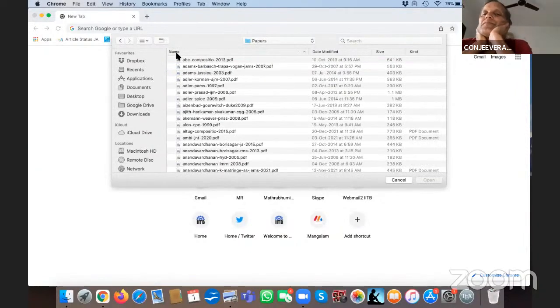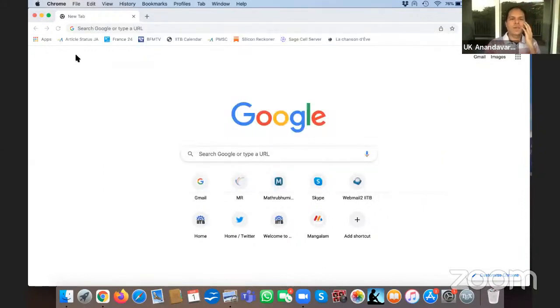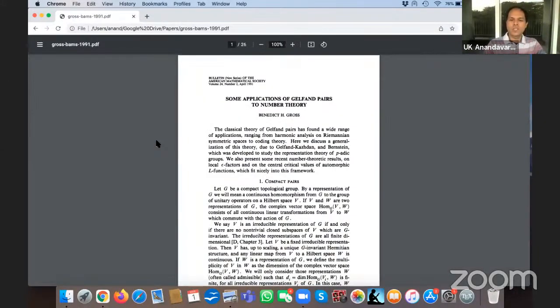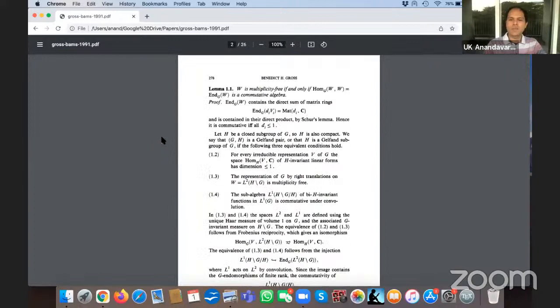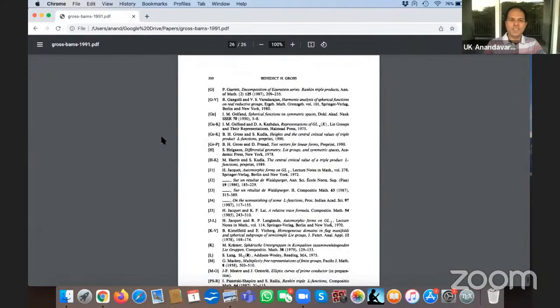Yeah. So this is Gross's BAMS paper. This comes somewhere inside, in the correlation coefficient section, section 8, if I remember. And there is some interesting physics here, which I don't understand.